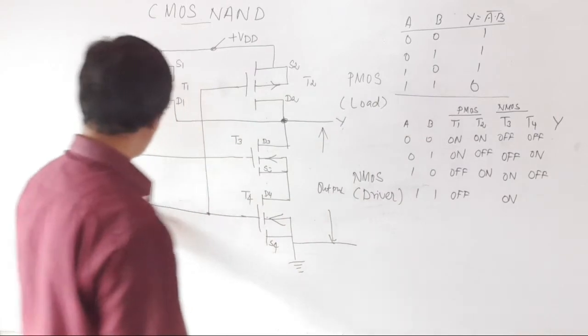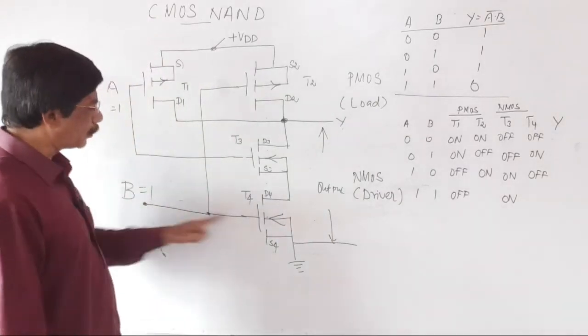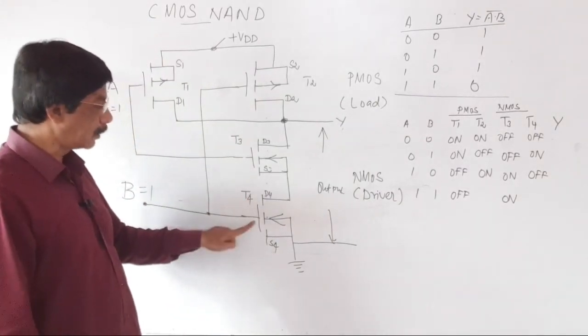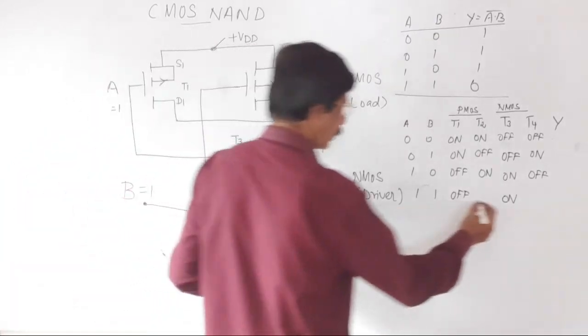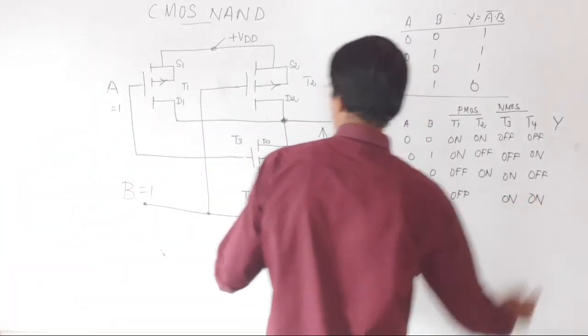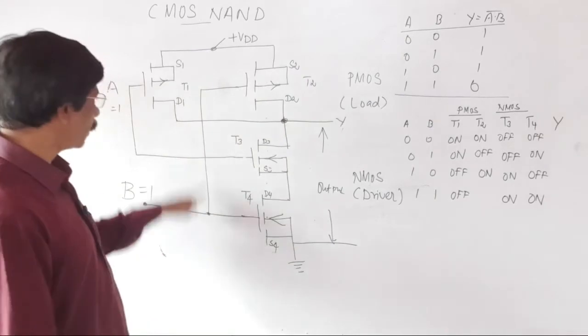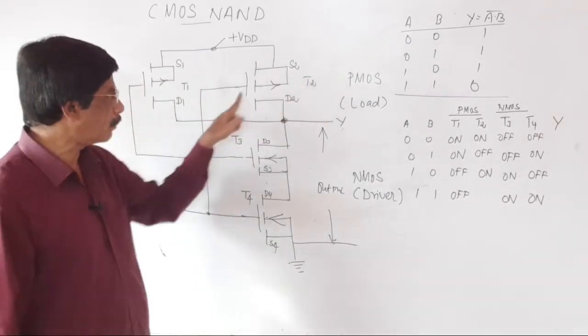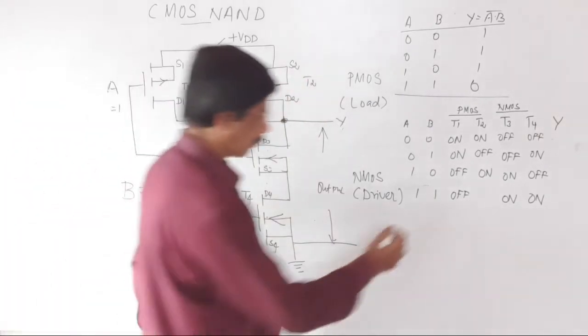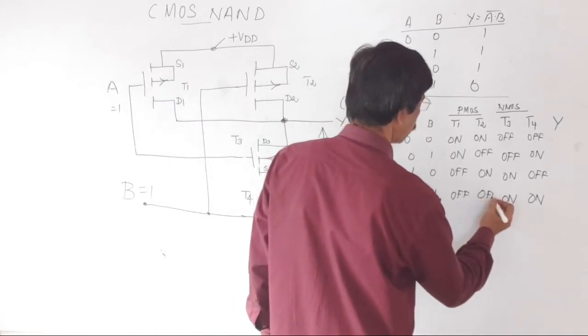Similarly, the B signal is 1. The 1 is connected to NMOS T4, so it is on. The same B signal, 1, is connected to T2. T2 is PMOS, so it is in the off condition.